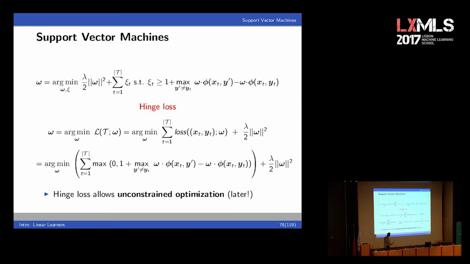But what we have now is an unconstrained optimization problem. We optimize this loss function as a function of W, and the loss function is this. This is our error term, and this is our regularizer. So this is how we express our error, the rewritten psi, and this is how we maximize the margin.